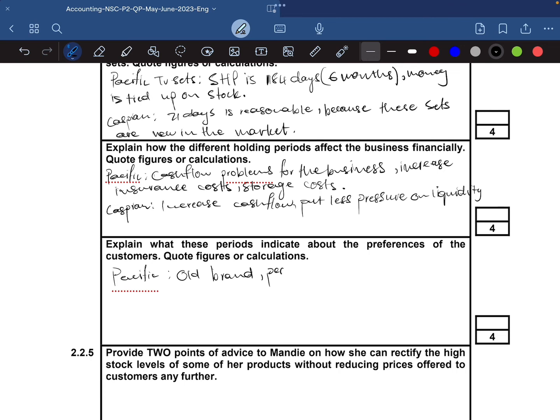Let's rather say consumers or customers. So customers are looking for improved technology.